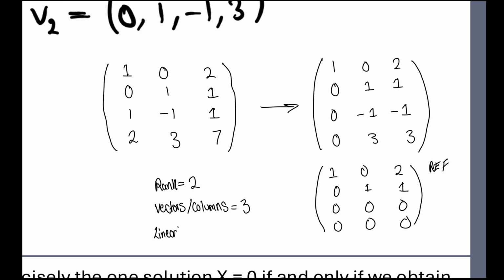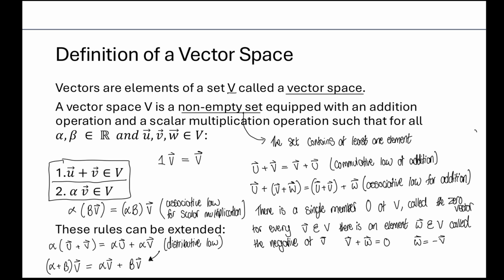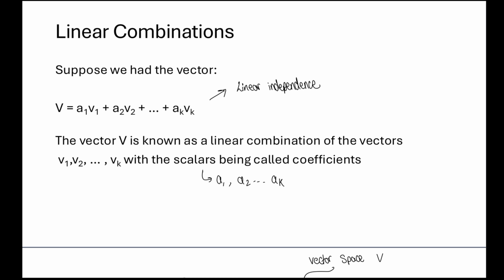Okay, let's just have a quick run through. So we have vector spaces. To define a vector space, it must follow this addition operation and this scalar multiplication rule. These 2 rules give us all of these other rules. Linear combinations is just if we had a vector, we can make that vector by adding a bunch of other vectors in that same vector space.